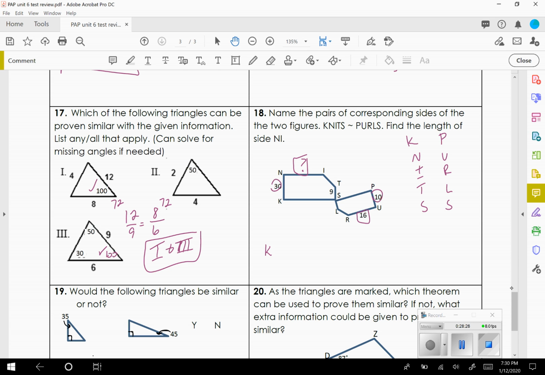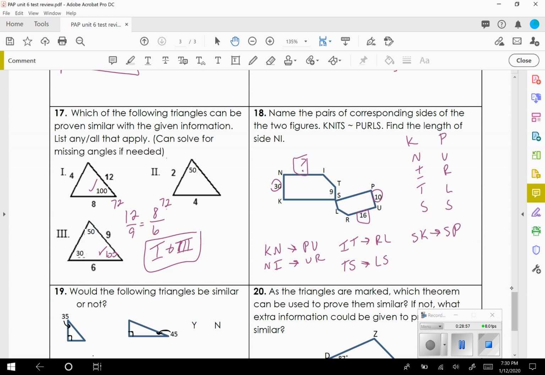So KN corresponds with PU, NI corresponds with UR, IT corresponds with RL, and TS corresponds with LS. And you can't forget the last ones. SK corresponds with SP. Right, so those are those.